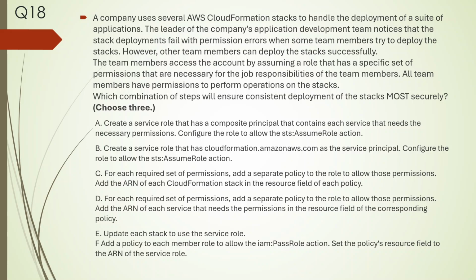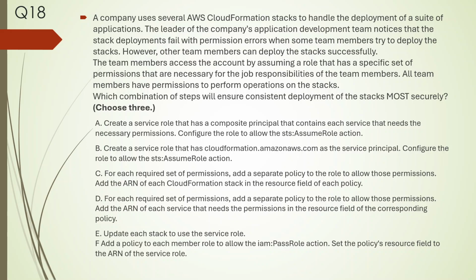And letter F, add a policy to each member role to allow the PassRole action and set the policy resource field to the ARN. So we need an assume role and we need to have that pass role. So that should be F. And letter B, because we don't want to create a composite principal.